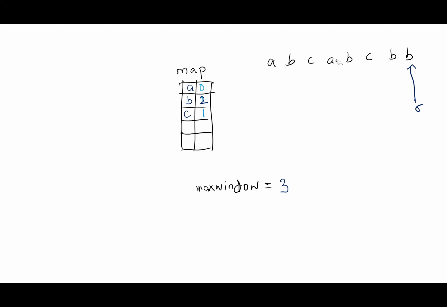So I just move it, and once the left is here, only then the window again becomes valid. Now I will try to move R, but R goes beyond the string value, so we are done. And at the end, the maximum length of any valid window is going to stay at 3.